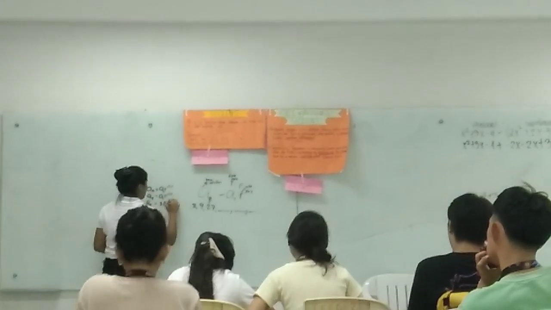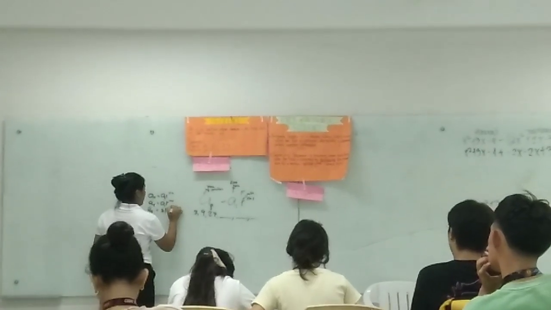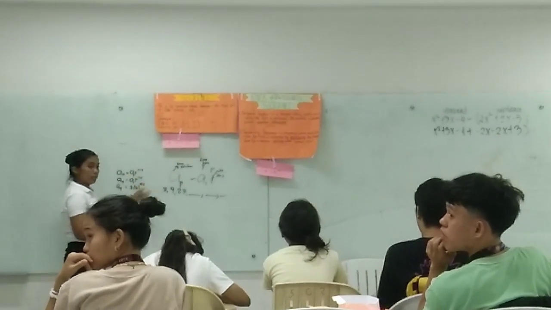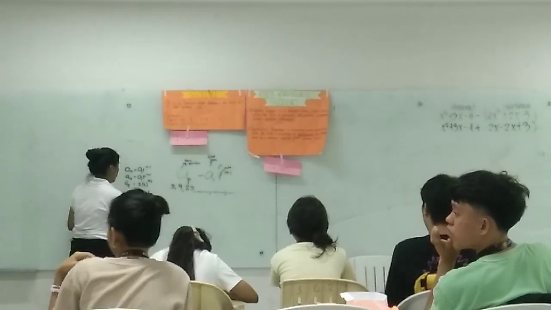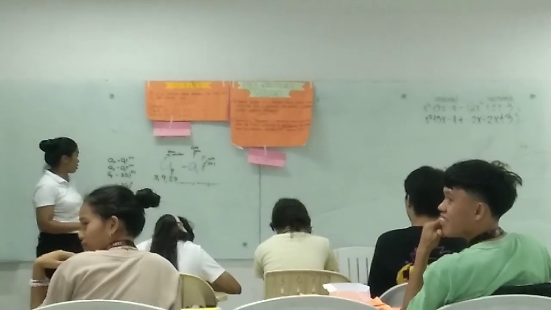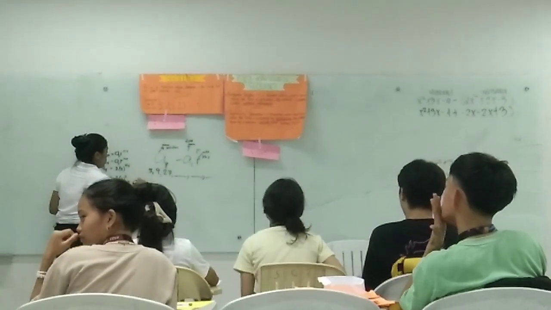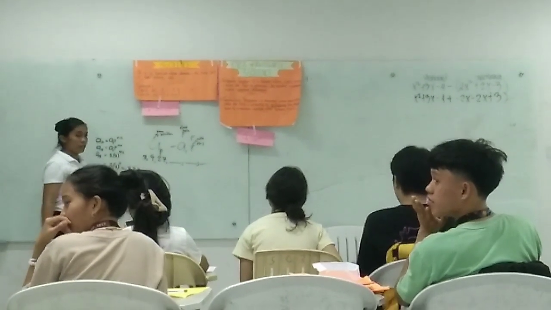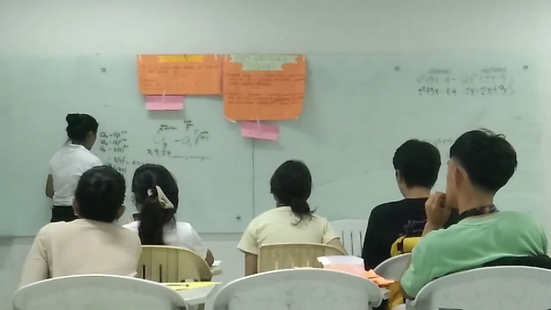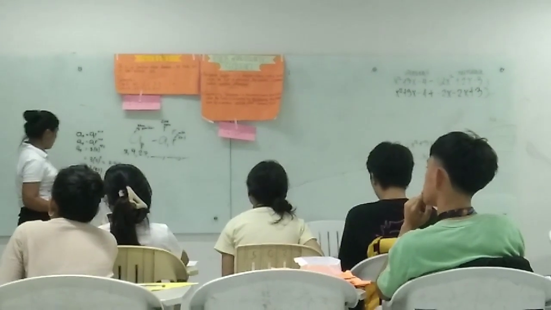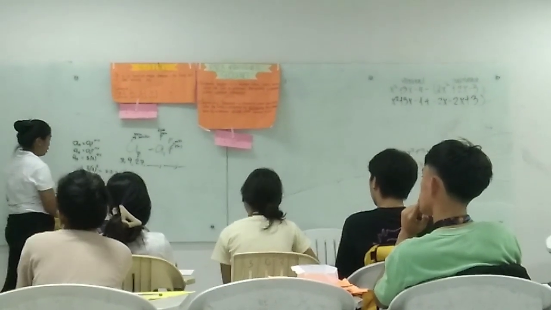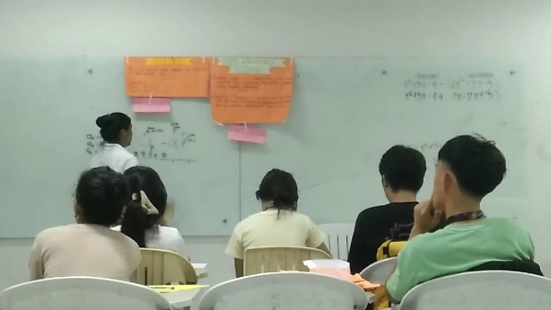So n here is 4, then 4 minus 1 is 3. Since this is an exponent, it will be 3 times 3 times 3. 3 times 3 is 9, times 3 is 27. So our a sub 4 is 3 times 27, so it's 81. Our a sub 4 is 81. Okay.